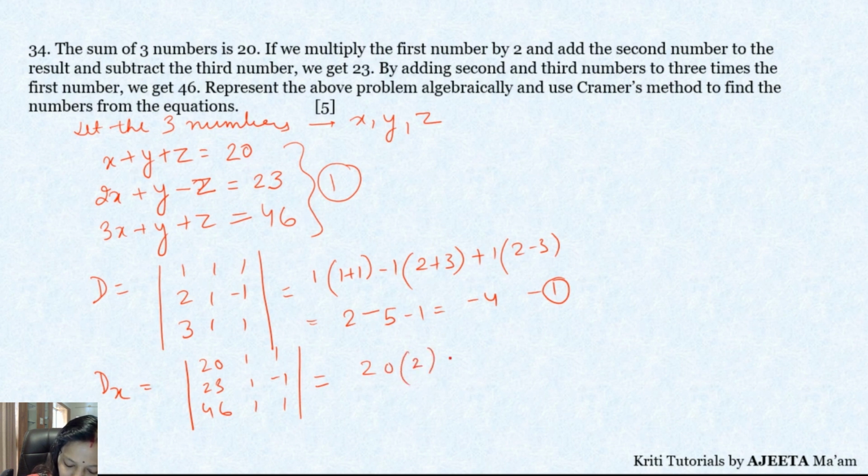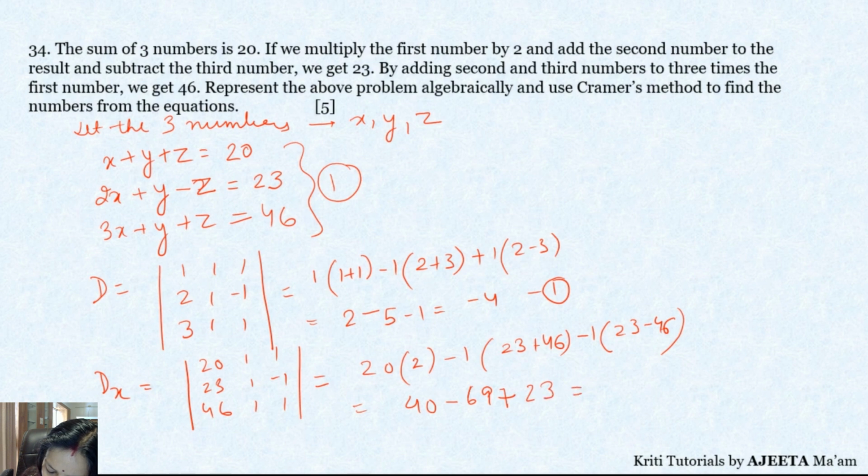So what do you get? 20 into 1 plus 1, 2, minus 1 into 23 plus 46, and then minus 1 into 23 minus 46. Okay, so what will you get? 40, 69, and here you get, so what do you get here?